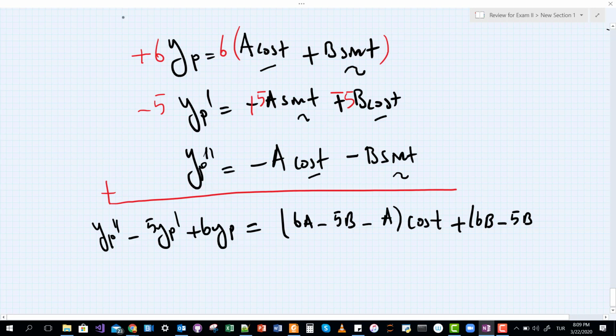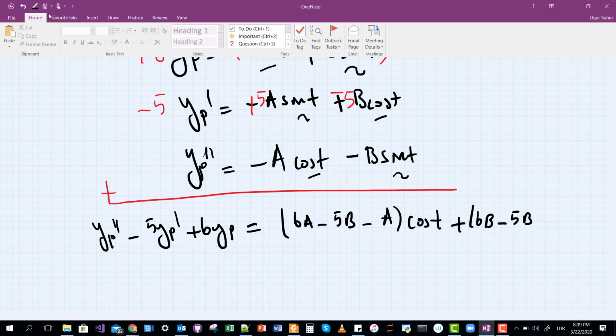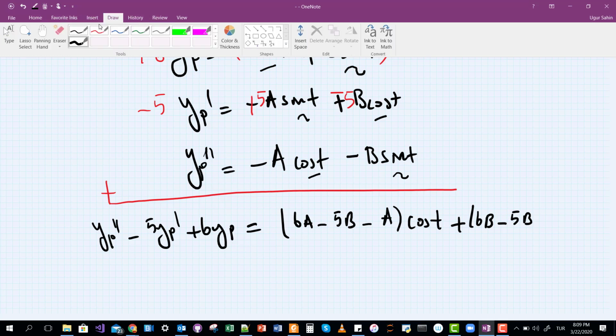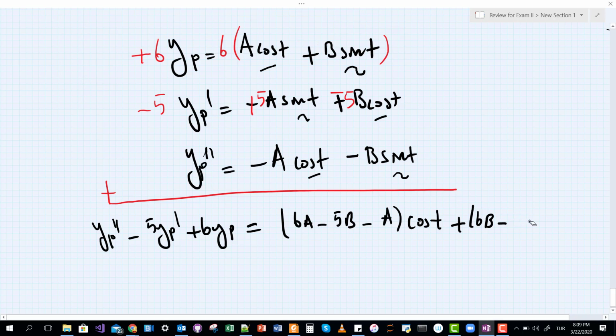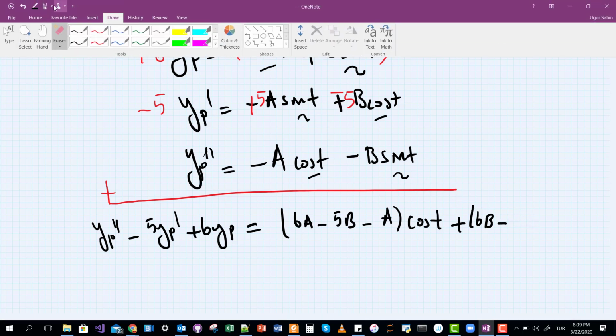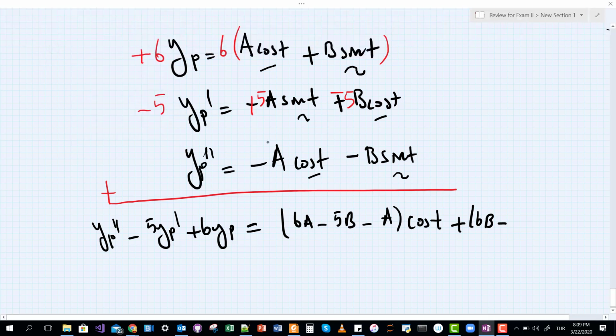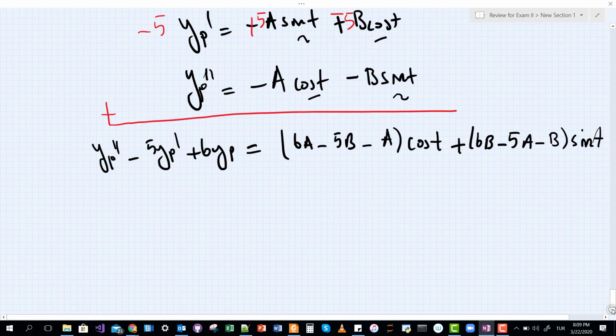In the second line, I have 5a, and then in the third line, I have negative b, which is sin t, right? Let me add all these coefficients.